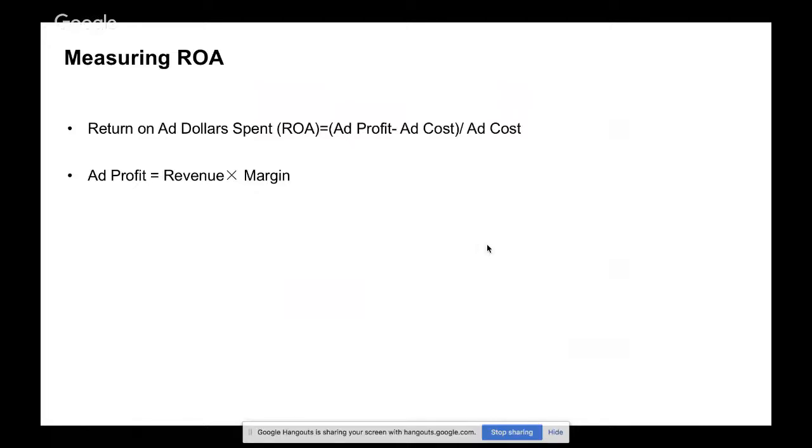Okay, so the final key question of display marketing is the measurement. Okay, so how should you measure the return on the advertising? So these two are very standard measures of the ROI and the ad profit.